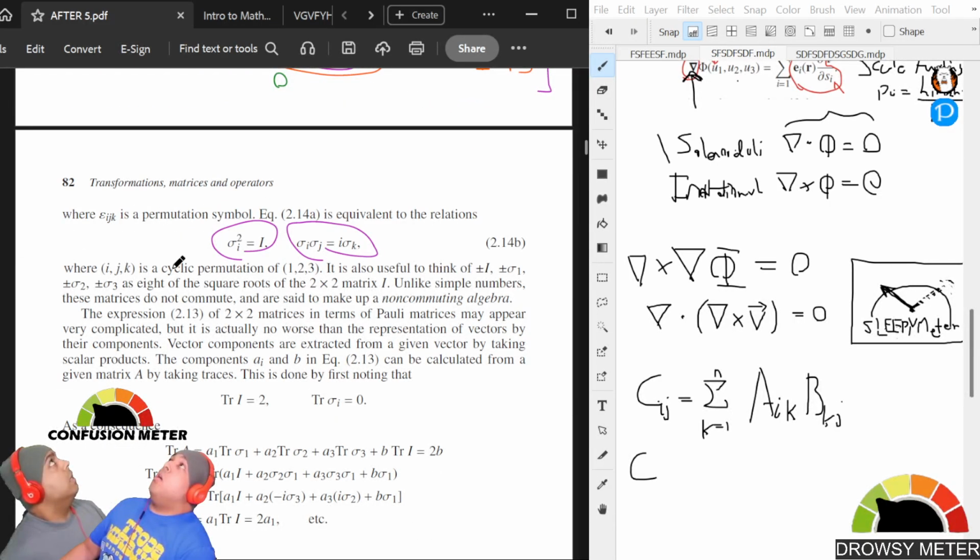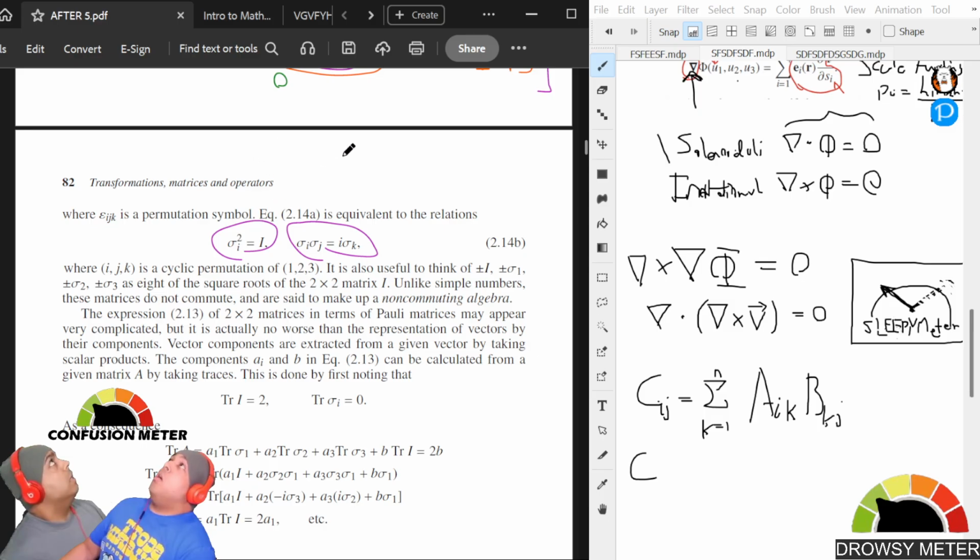Where ijk is a cyclic permutation of 1 to 3, it is also useful to think of plus or minus I, plus or minus row 1, row 2, row 3 as 8 of the square roots of the 2 by 2 matrix I. 8 square roots. Okay. Unlike simple numbers, these matrices do not commute and are said to make up a non-commuting algebra.